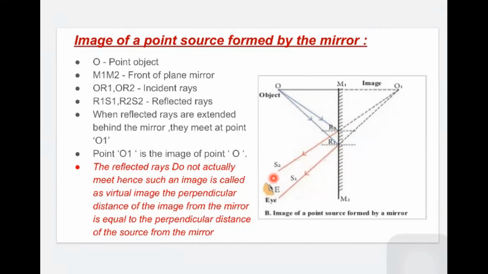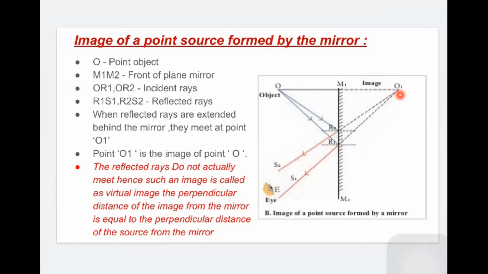Now, students, a person is trying to see from the reflecting side of the mirror. He wants to find out how the image will be formed. So we can simply produce these reflected rays backward. You can make out that the reflected rays R2S2 and R1S1, if produced at the back, meet at one point O dash.